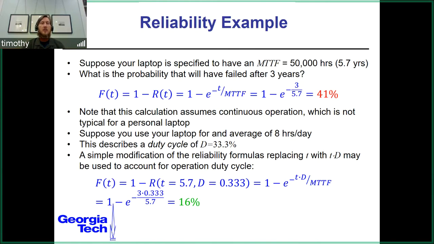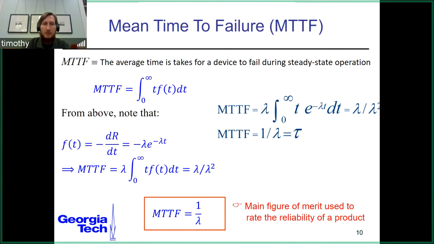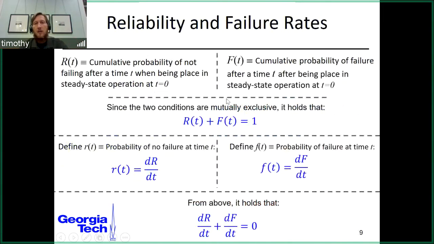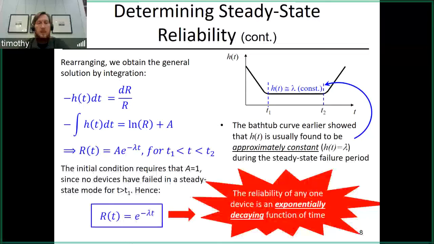So we can take this and we can say that capital F of t is equal to 1 minus capital R of t. We can do this substitution into this equation of R of t for the mean time to failure. And this results in 1 minus e to the minus t divided by mean time to failure, where you remember back from here, the R of t was e to the minus lambda t.